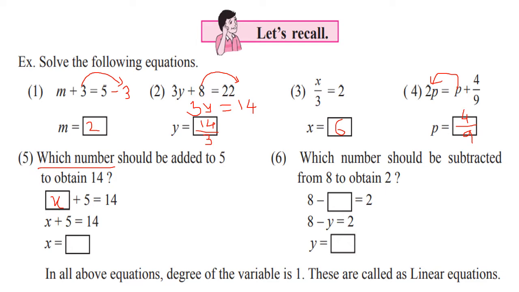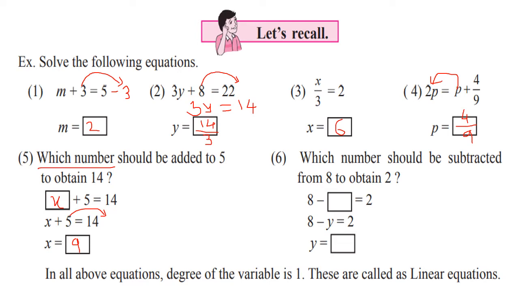So it shows that x plus 5 is equal to 14. Below also you can see it is given. The value of x, how to find now? This 5 we will shift here. So x is equal to 14 minus 5, that is 9. So answer of x is 9 here.